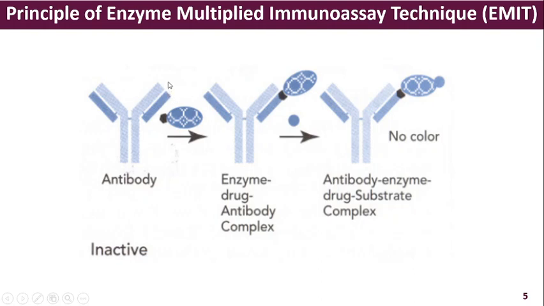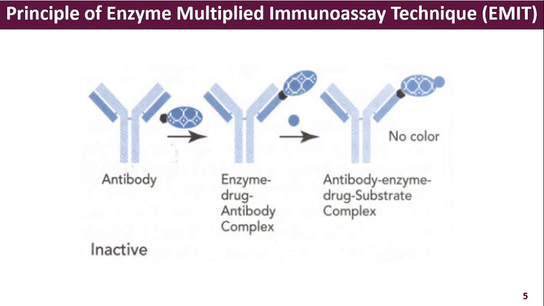So now the antibody molecule has complexed with the drug molecule, and there will be no free antibody available now to combine with the drug enzyme complex that you add.